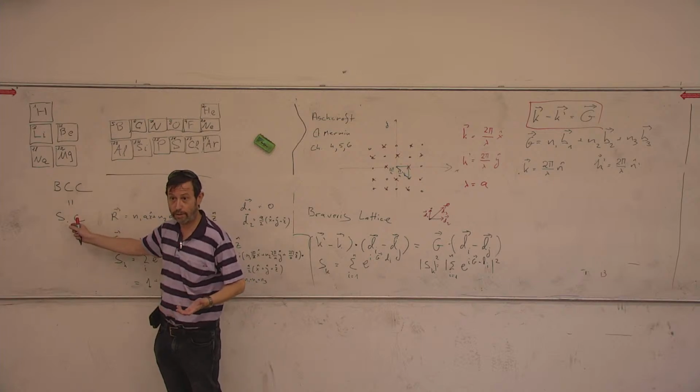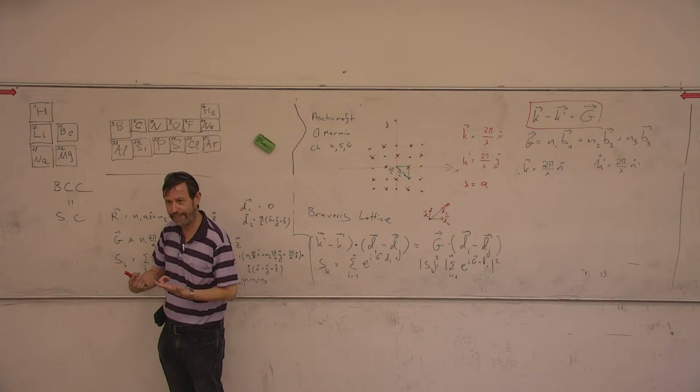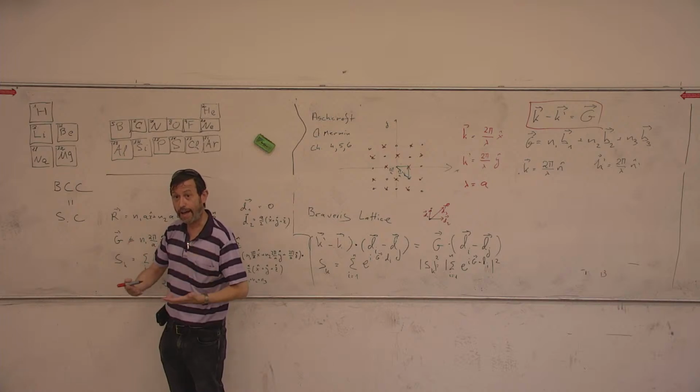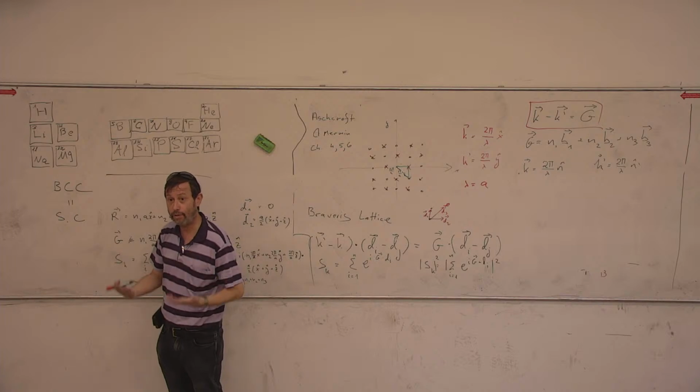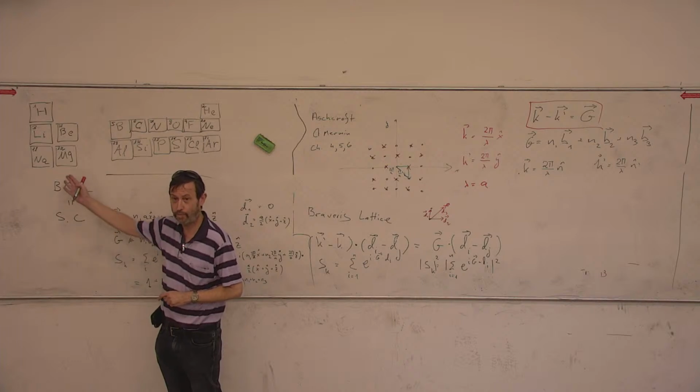The corresponding simple cubic is 2a. Reciprocal is 1 over that, right? So I've added points that shouldn't contribute by looking at a simple cubic version instead of a BCC.